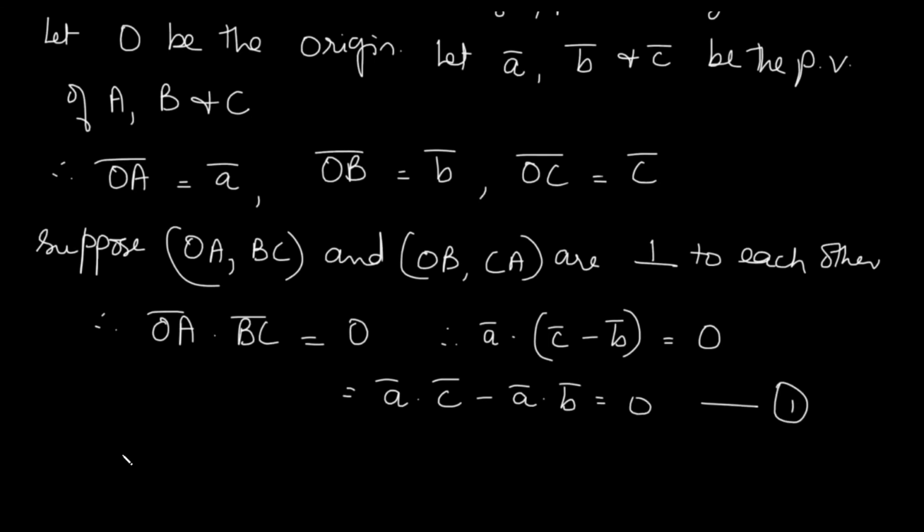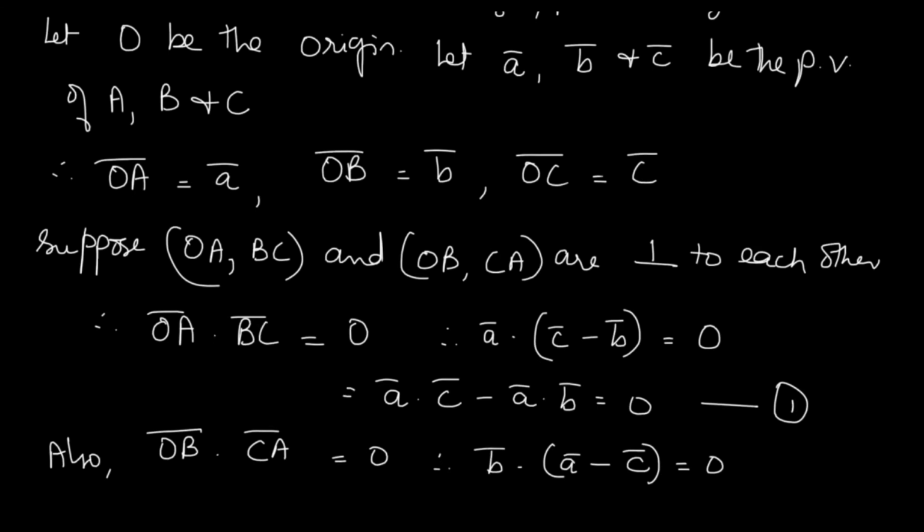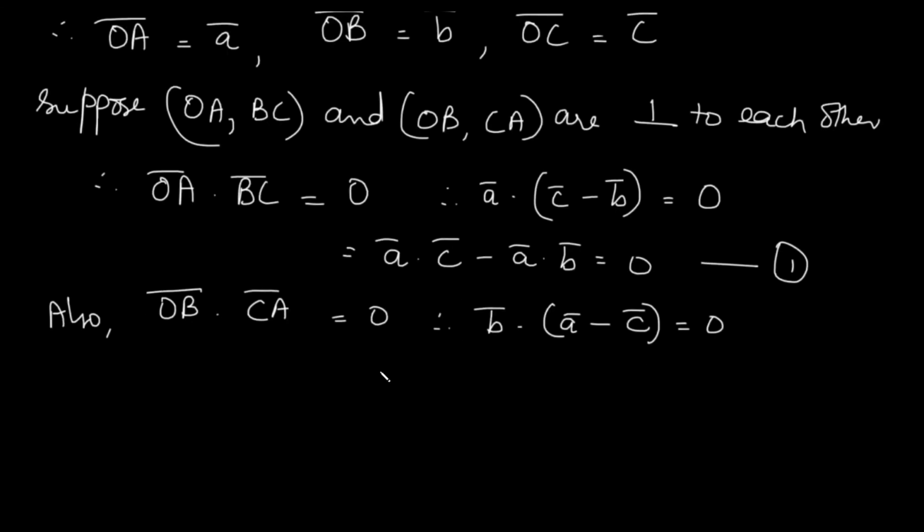Suppose this is the first statement. Also, we have taken OB and CA as perpendicular. So OB bar dot CA bar is equal to 0, and therefore B dot (A minus C) is equal to 0. From this we get B dot A minus B dot C is equal to 0. Say this is our second statement.